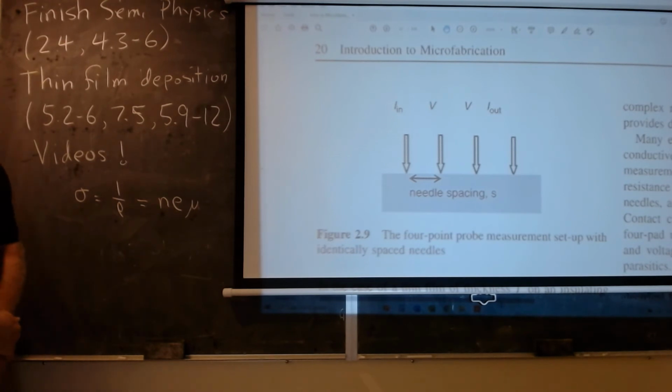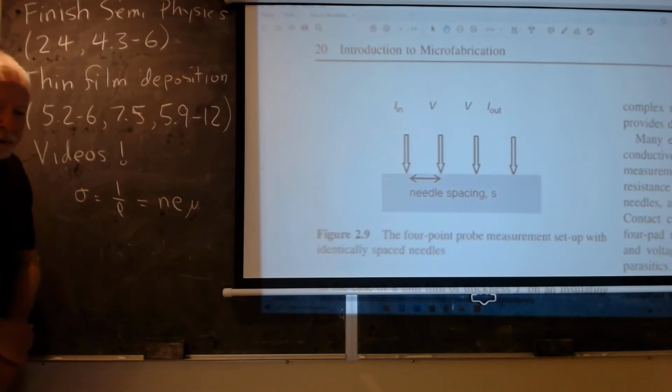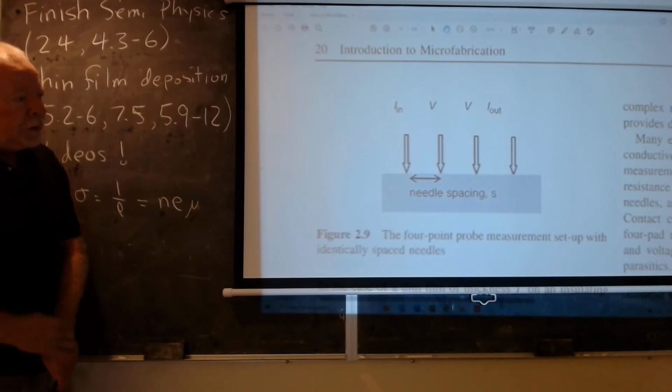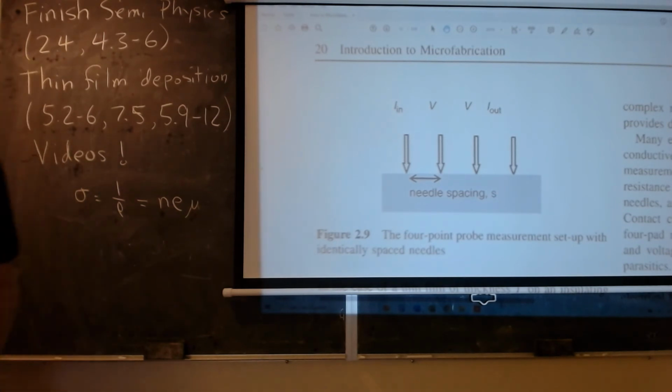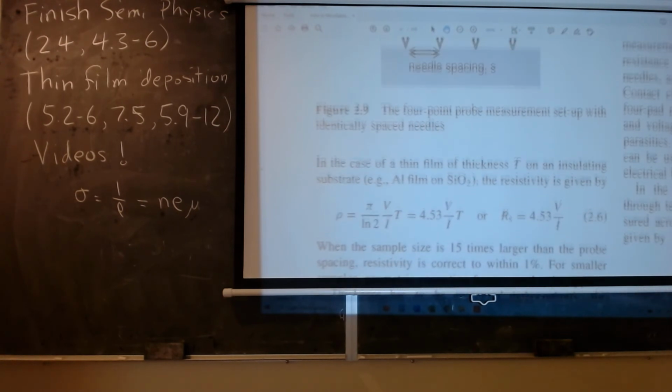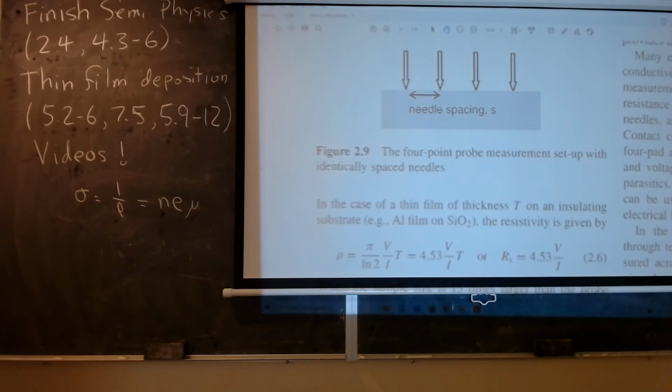Now, here's where, okay, for example, I could give you a whole handout, and we could do a 30-minute derivation of what V and I are in terms of the resistivity. And he works it out for you. The resistivity is given by this formula, where if in your probe, okay, now for that formula to work, the needle spacing has to be the same.